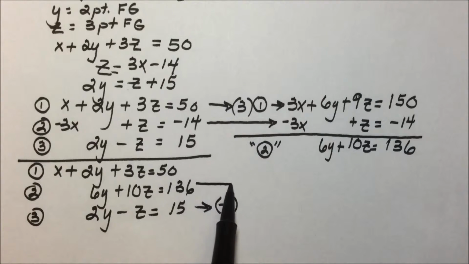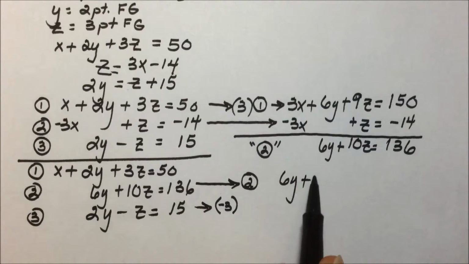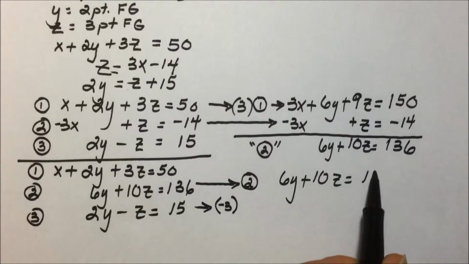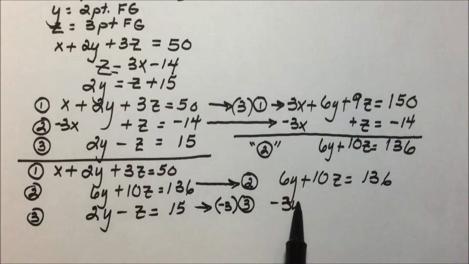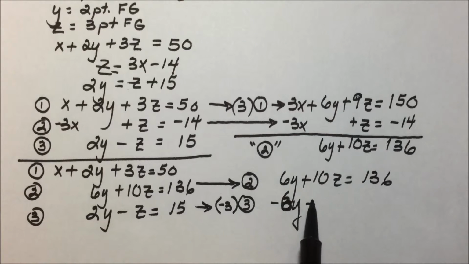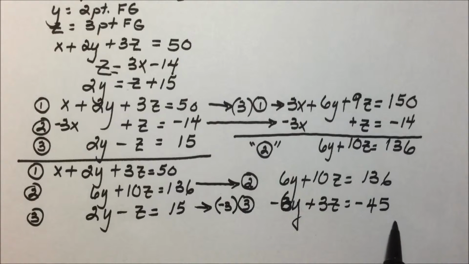So the second equation is going to stay exactly as is. 6y plus 10z is equal to 136. The third equation, as I said, multiply it by a -3 will give us a -6y, let me write that. Negative times a negative is a positive 3z. And the -3 times 15 is a -45.